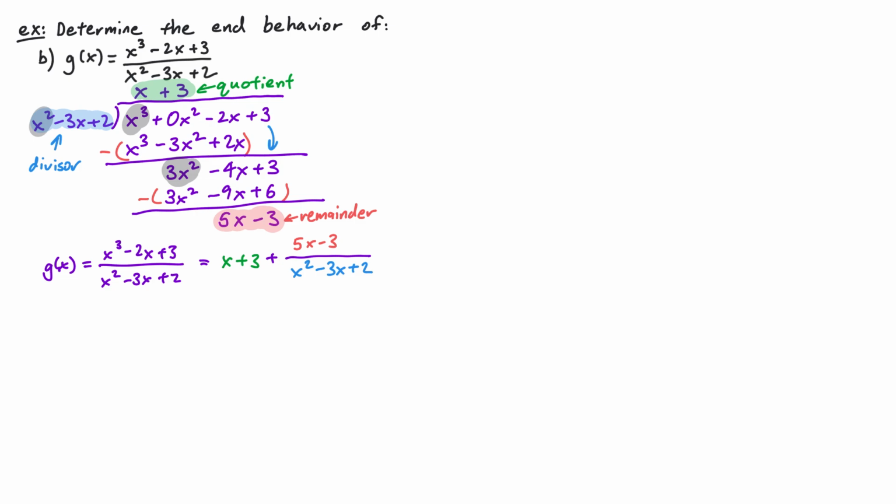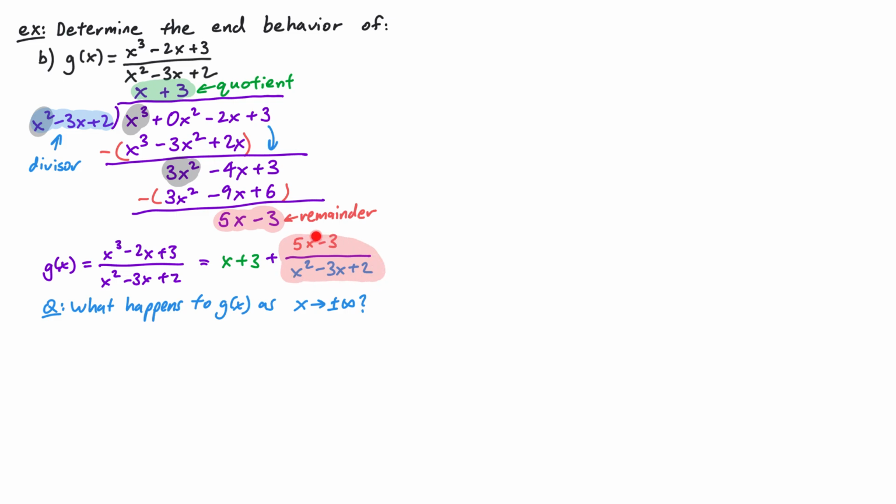Now that we've rewritten our rational function in this way, we can more easily answer the question, what happens to our function as x goes to positive or negative infinity? Specifically, let's focus on the end here, the 5x minus 3 divided by x squared minus 3x plus 2. We want to ask what happens to this as we plug in larger and larger values for x.